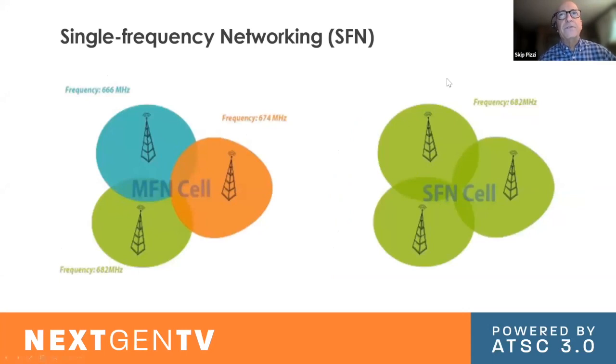Obviously, SFN, single frequency networking, allows you to utilize the same spectrum over and over within the service area. Of course, there are some limitations in terms of how these have to be synchronized to minimize the interference.